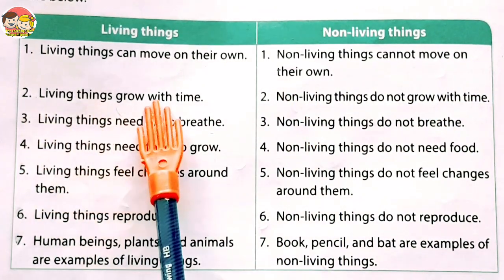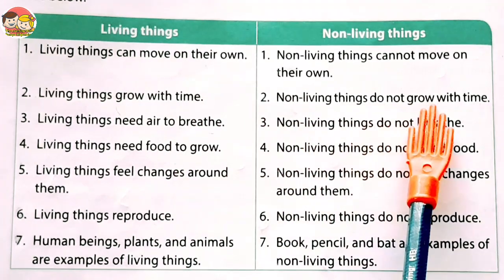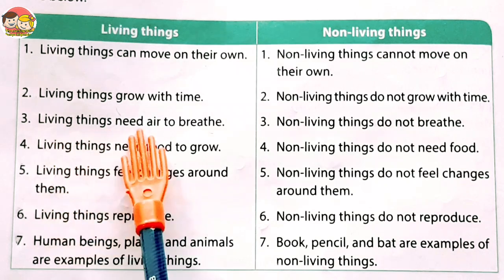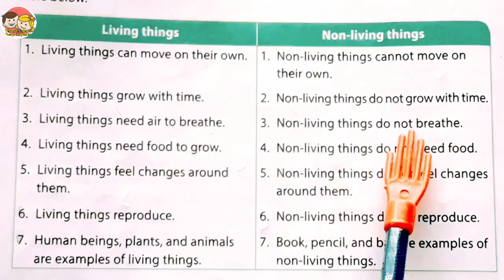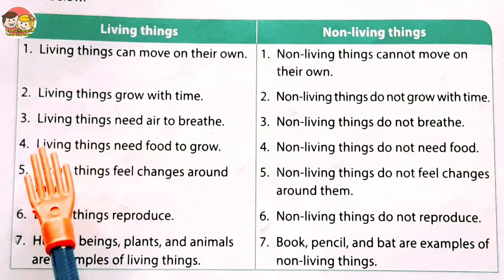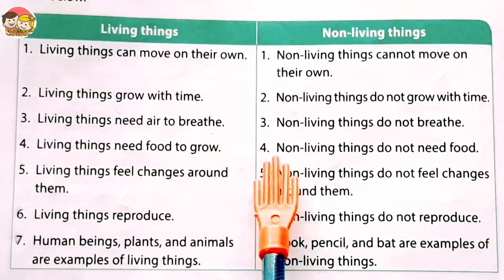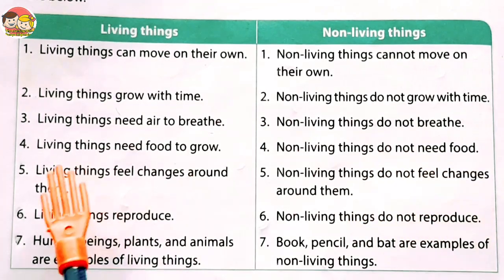Living things grow with time. Non-living things do not grow with time. Living things need air to breathe. Non-living things do not breathe. Living things need food to grow. Non-living things do not need food.